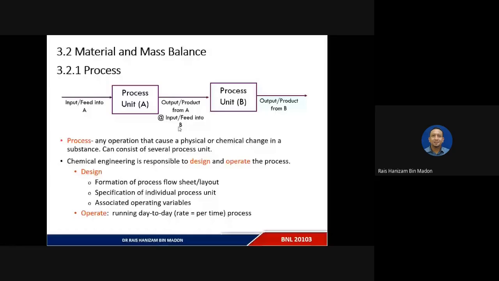Meanwhile, the mass balance is regarding their quantities, which is sugar, maybe 100 grams, coffee powder, maybe 50 grams, and hot water, maybe 500 ml. So this is the difference between material and mass balance.